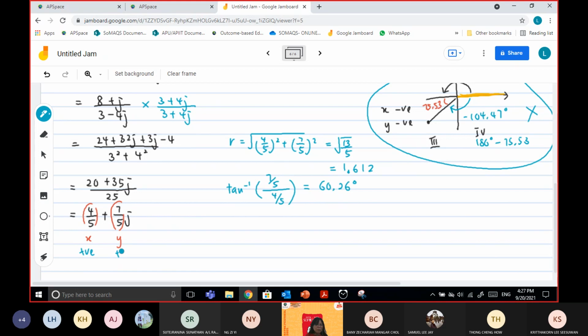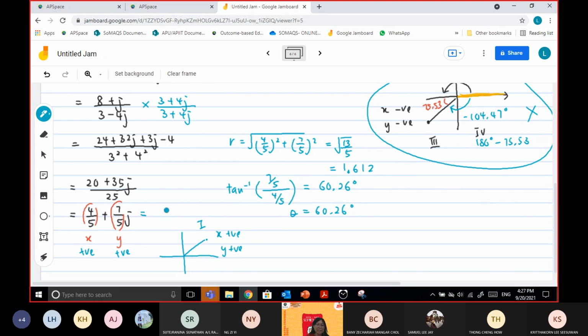Can you tell me which quadrant? First quadrant, correct. So in the first quadrant we have x positive, y positive. So your theta is 60.26.